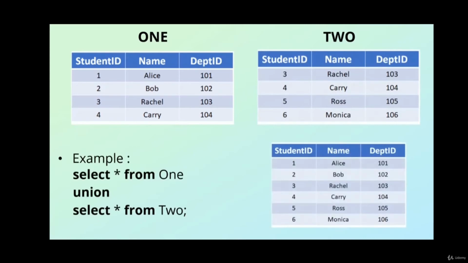The resultant table will contain all the rows from table 1 and table 2. The union operator will also remove duplicate rows. In these two tables, rows with student ID 3 and 4 are duplicated, which will be removed from the resultant set.